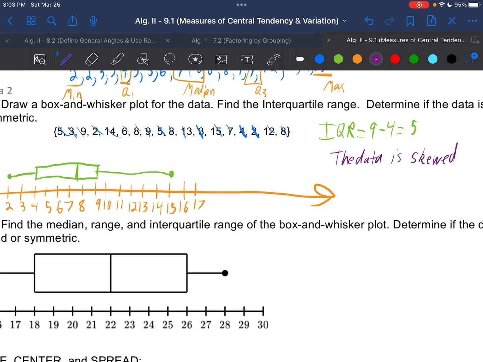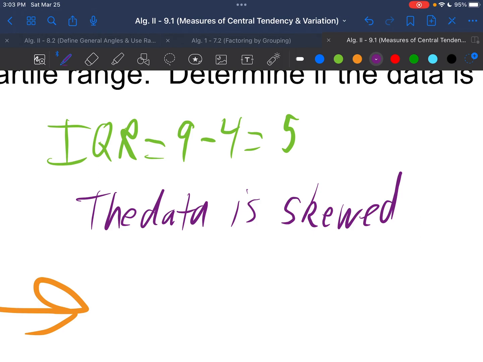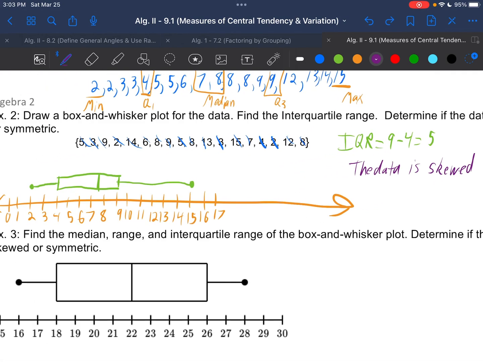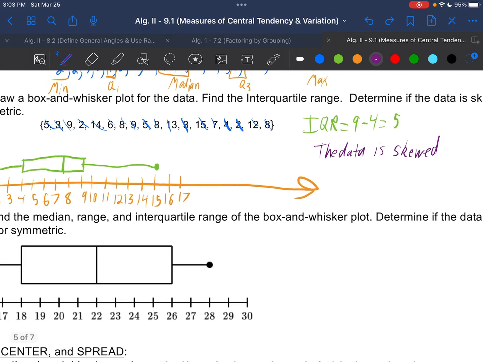And how we can show that mathematically speaking, with just numbers, is looking at the interquartile range of 5 and saying, hey, that's where most of these numbers lie, is within 5 numbers of this. And we have numbers clear out here at 15. So that's 6 away. So it's pretty skewed over there.